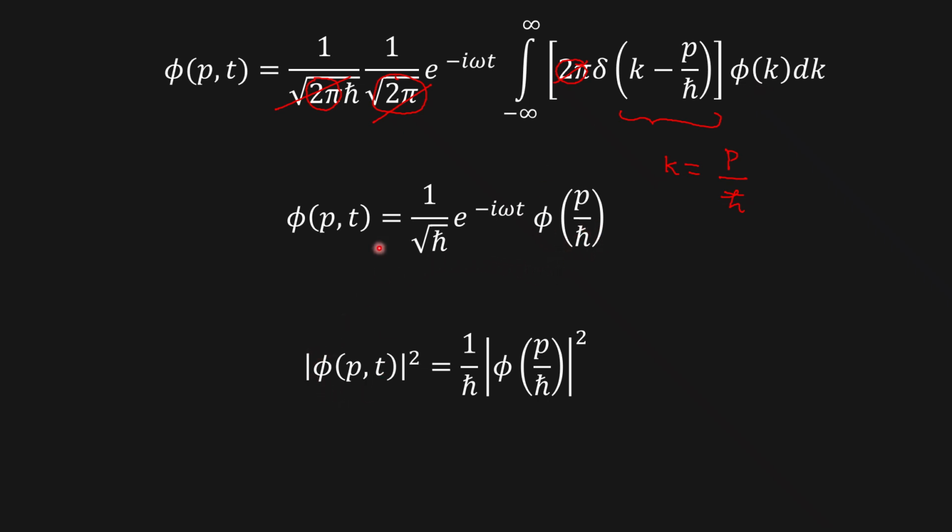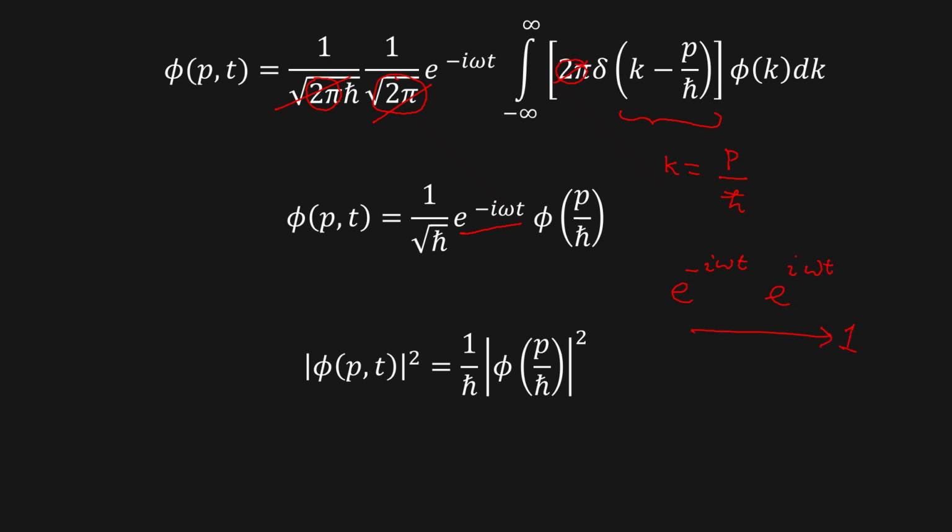Now you take the modulus square of Φ. This is the expression which depends on both momentum and time. That is, Φ(p,t) is equal to 1 over square root of ħ, then this exponential term, and φ, which is a function of p over ħ. If you take the modulus square of this, e^{−iωt} multiplies e^{+iωt}, the complex conjugate, and if you multiply both you will get 1.